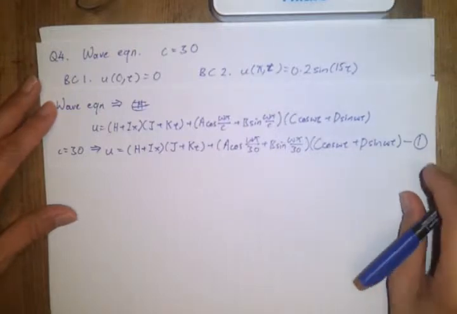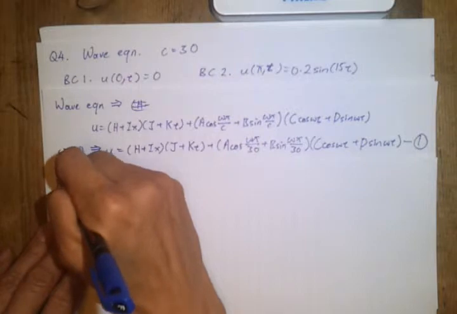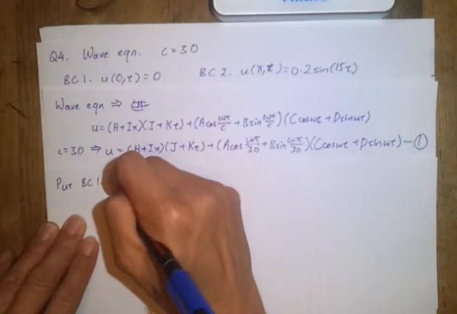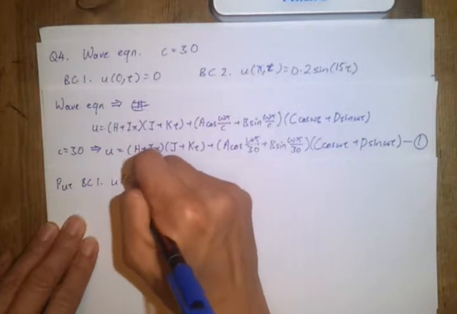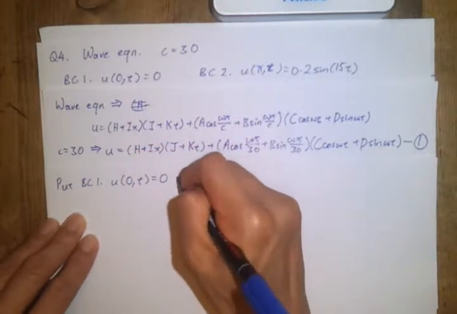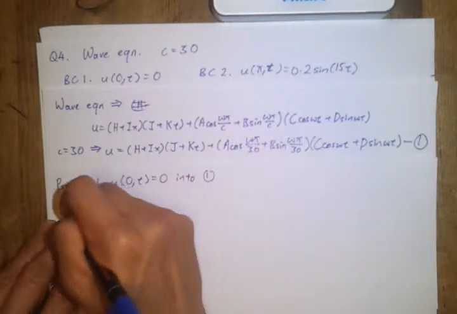So you can apply the first boundary condition, which is u at x equals 0 at any time t must be equal to 0. I put it into the general solution, equation 1.